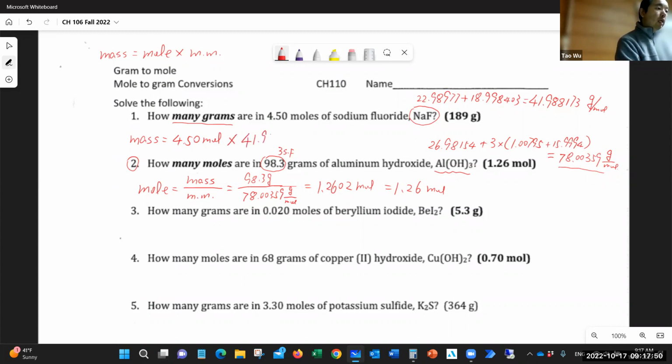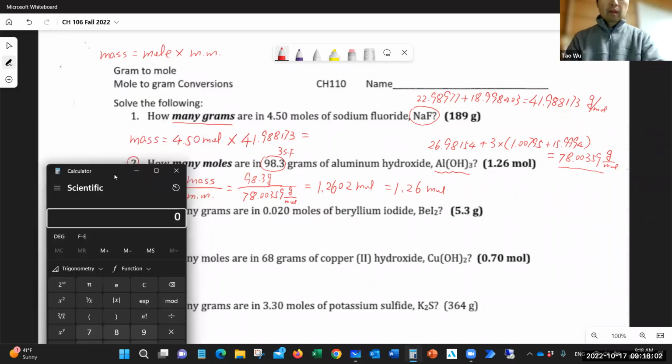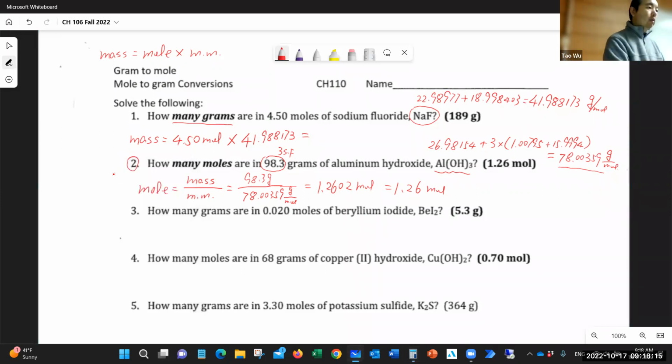So 4.50 times 41.988173 gives 188.947. And this is in gram because it's a mass, right?